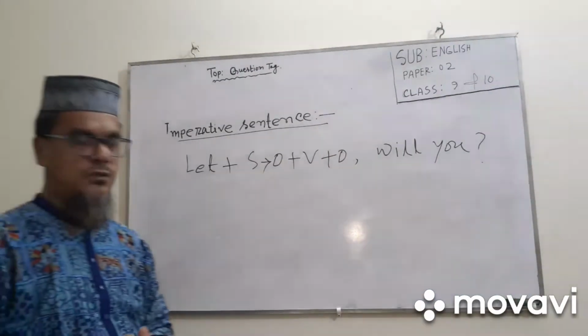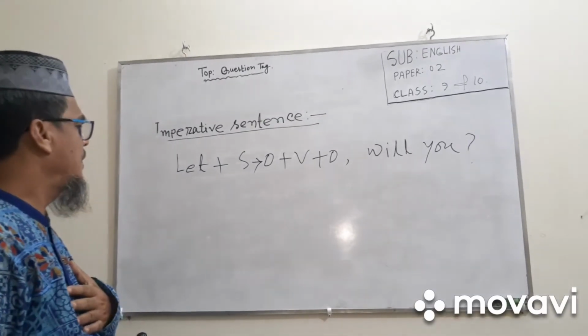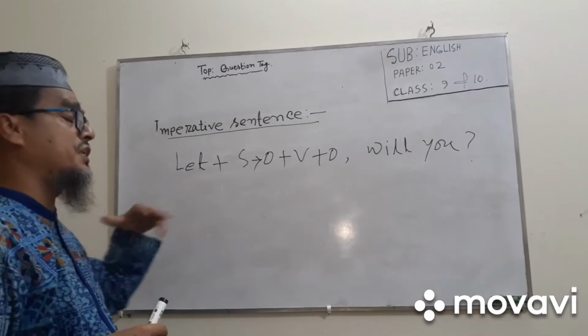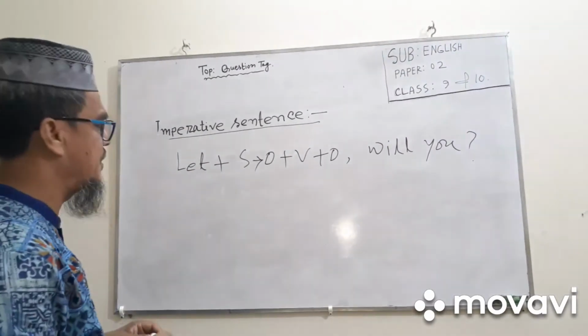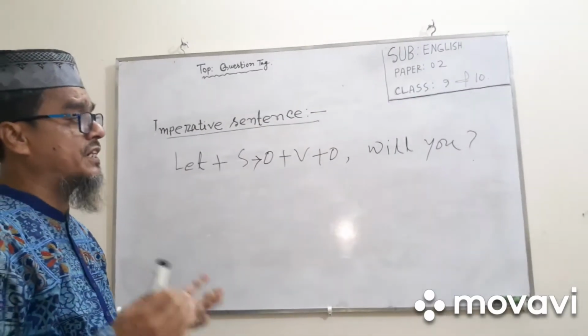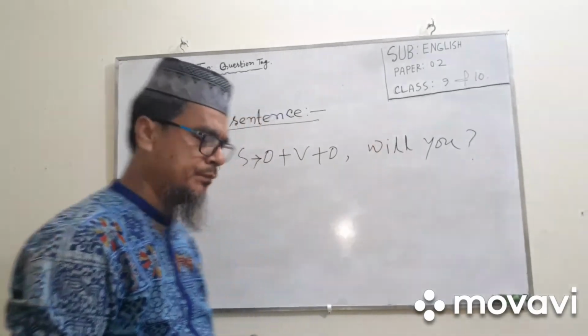Follow the board and try to understand, please. Dear students, if a sentence of imperative mood starts with let, either negative or affirmative, no problem. For both cases, we must use will you.